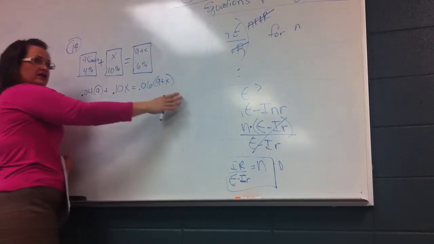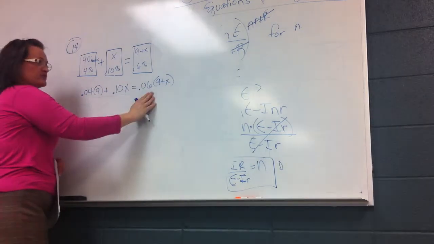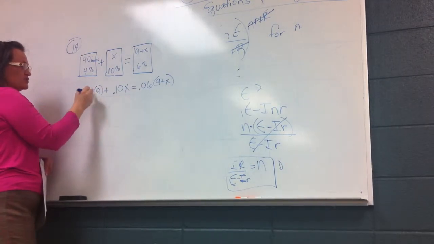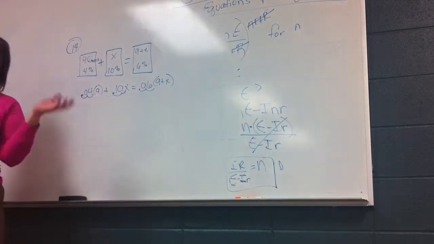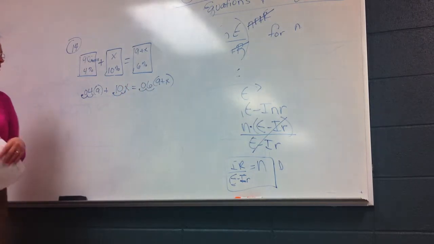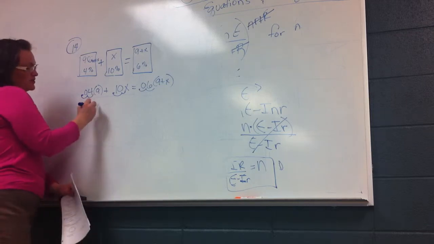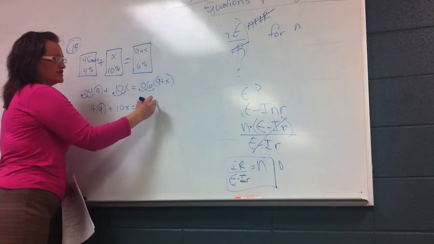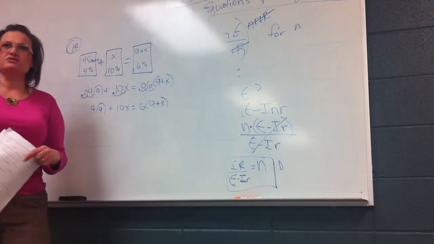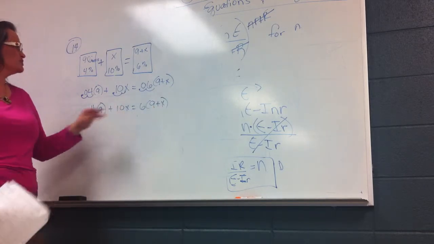You can times through by 100, because there's a decimal in every term. Times it by 100 moves the decimal 2 places in every term, and that's allowed as long as you're keeping the balance by doing the same thing to each side. So again, that's optional. I know a lot of you don't do that step and just deal with the decimals, and it's not a big deal. Either way is fine.